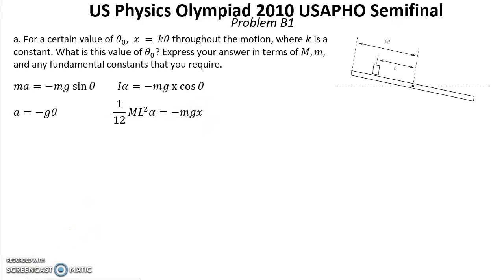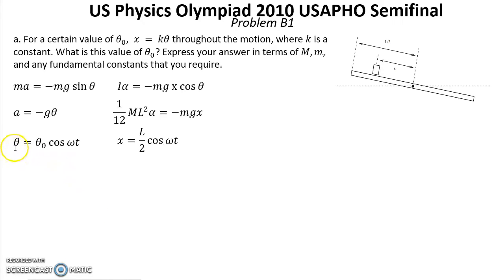Now because we expect that our motion is synchronized, it means that the oscillation of this block has the same angular frequency as the rotation of this plank, so we can write these harmonic motion equations.